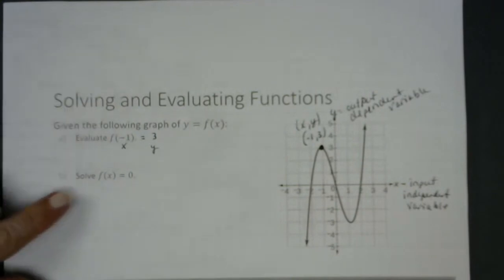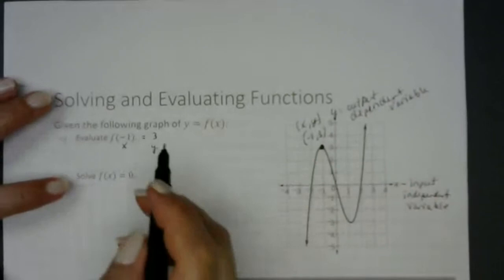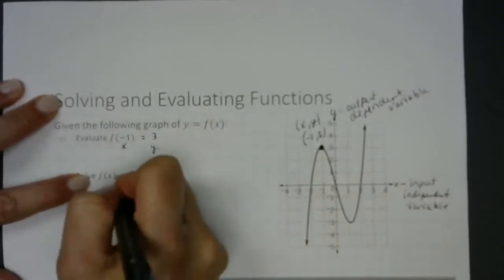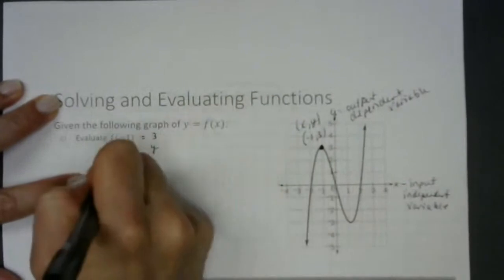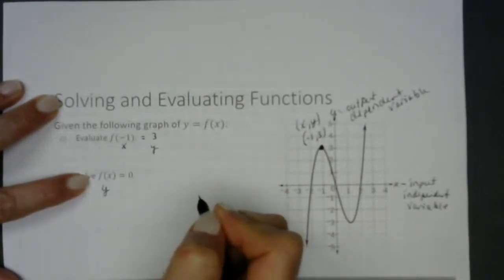Okay? Now part B here says solve f of x equals 0. This is saying find the x, or find the input that gives us an output of 0, right? Remember, f of x function notation for this function, f of x equals y. It's really just function notation for the y, or the output.